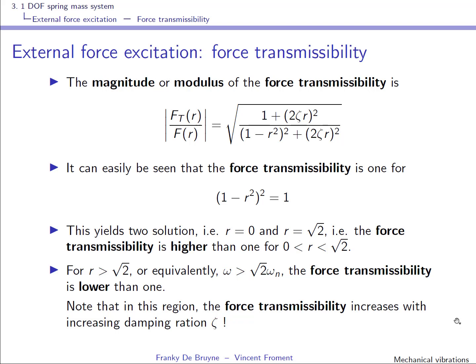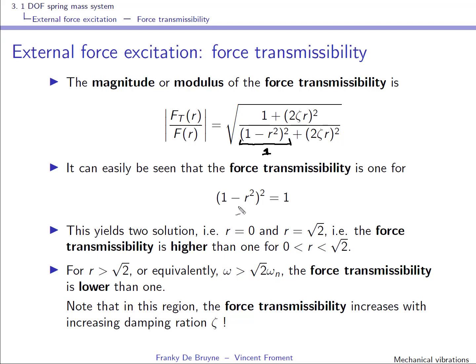Well, this is the force transmissibility that we had obtained in the previous slide, and we see that it is 1 if this term is equal to 1. If it is equal to 1, you see that this ratio is 1, and of course this force transmissibility, sorry, is 1.